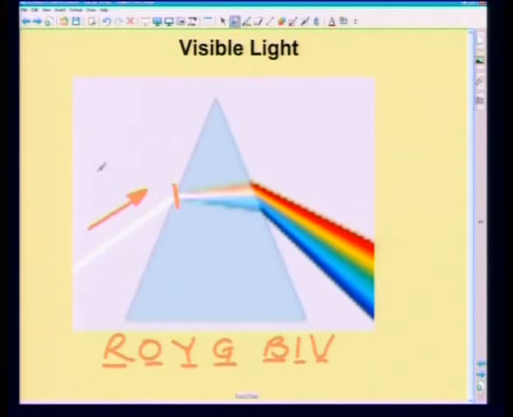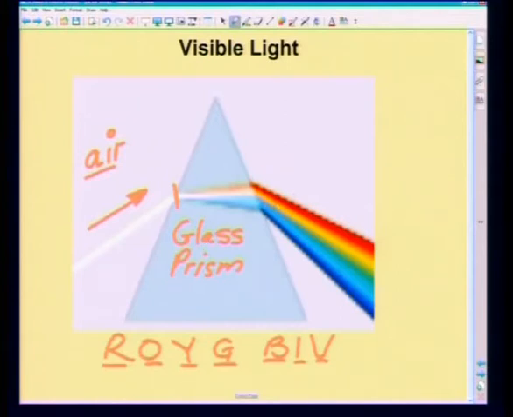Now, let's check carefully what is happening here. If you look at it from the left, this white light is coming out of A. Then it comes into a glass prism.